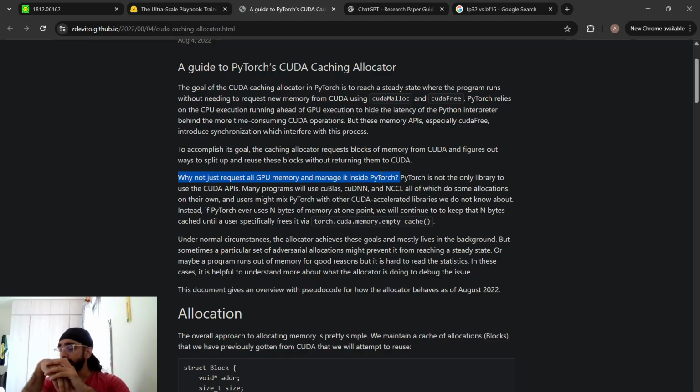But the problem lies in the case where you call some cuDNN kernel not through TensorFlow. What I mean by this is, within the TensorFlow program, you try to independently call a cuDNN kernel. If you call the cuDNN kernel independently, it does not have any idea about how TensorFlow is managing the memory pool for it.